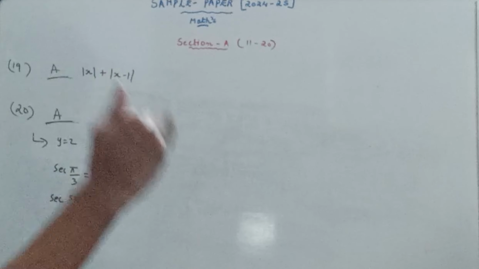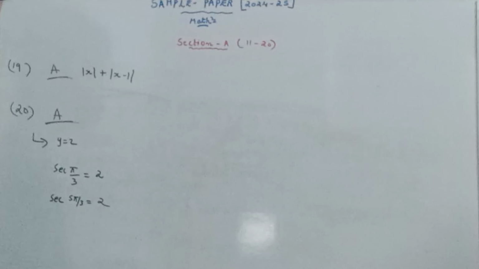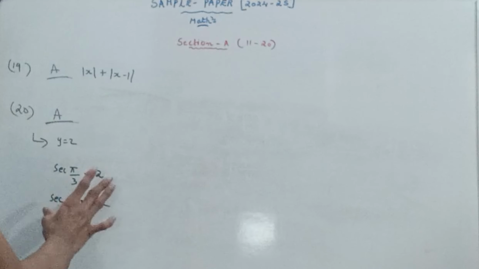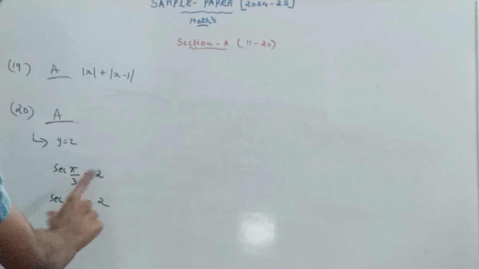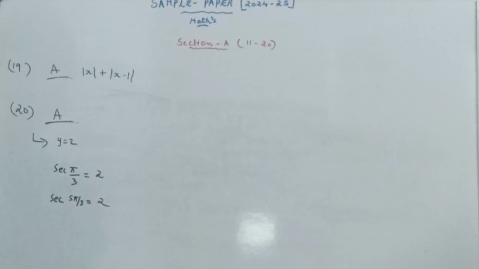Sec is the reciprocal of cos, and all the trigonometric functions are periodic, which means they will be repeating their values. If we take y is equal to 2, we know that sec of pi by 3 is equal to 2. Similarly, sec of 5 pi by 3 is also equal to 2. So basically at more than 1 point, the value keeps on repeating.